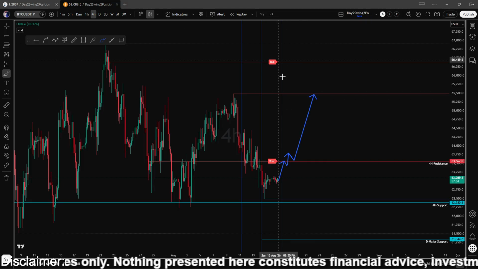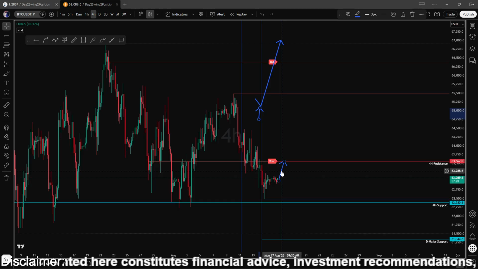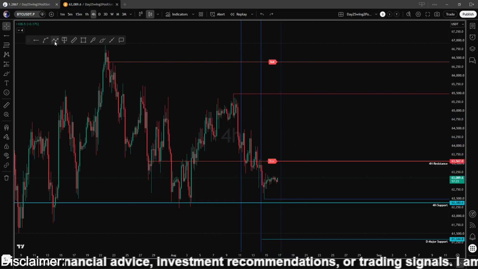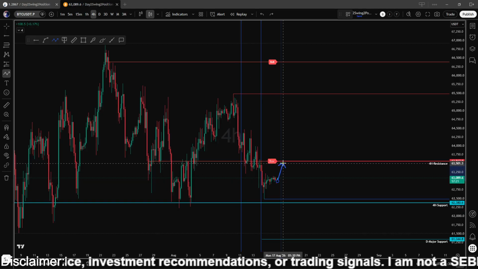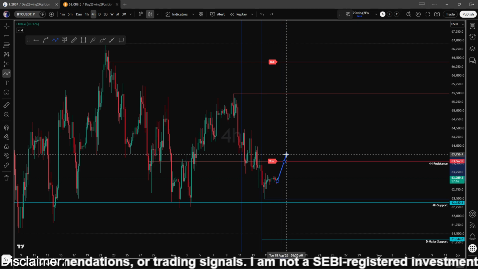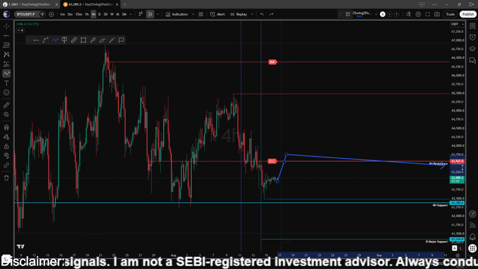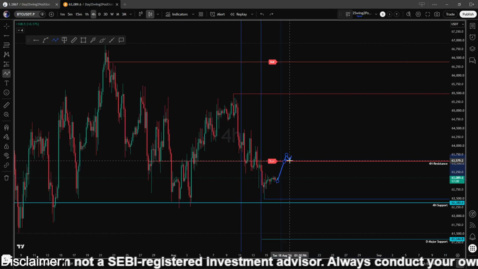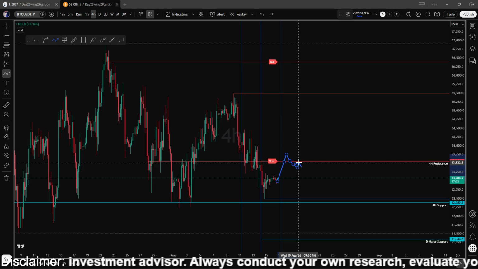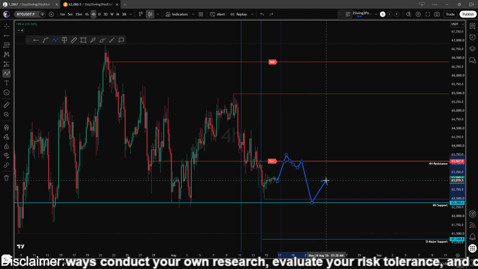So on the basis of that, I am taking this possibility here. Now the other possibility, if I remove this, is that price will attempt this level and may break the level. Then this level will become a support. During this support, price may fall below the level, and then this becomes a resistance, and then price will come down to this level.